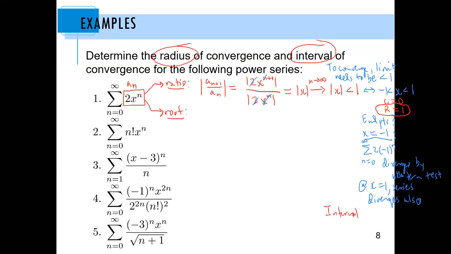What about the interval of convergence? A lot of times you write capital I. In this case, I is just -1 to 1 without including the endpoints. The interval of convergence could include the endpoints if indeed we had a converging series there. So you kind of see how that works? We applied the ratio test.